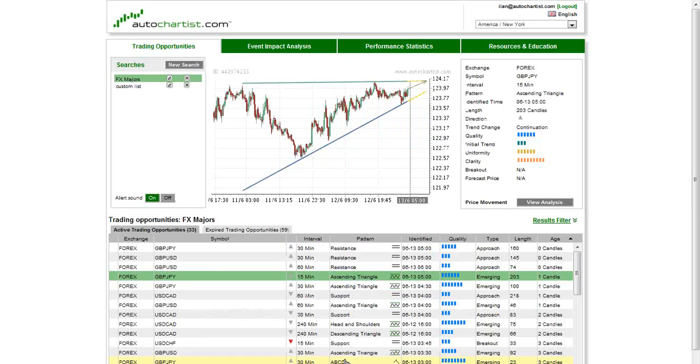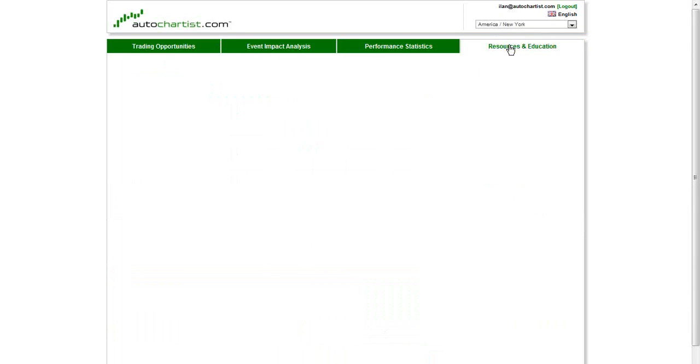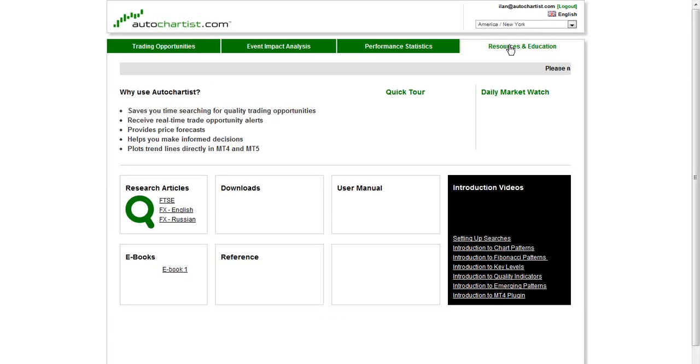Right. So before I move on to looking at MetaTrader and how this whole thing integrates with MetaTrader, I want to quickly run through two other sections in Autochartist. On the top right-hand side, you'll see there's a resources and education section. If you click on resources and education, you will come up with a page with all our help material, right?